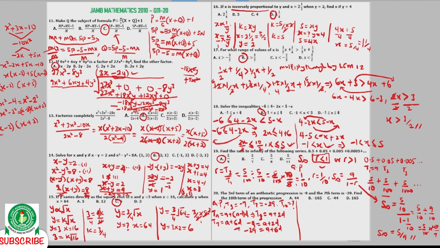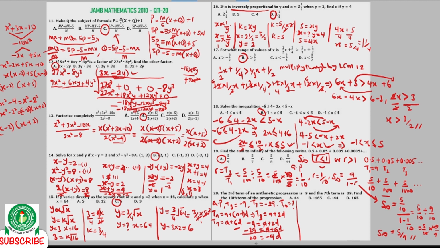Now, I'm using the elimination method, subtracting equation 1 from equation 2. So minus 9 minus 29 will give you minus 20. Minus 9 minus 29 is minus 20. So we have minus 20 equal to, A cancels A, since A minus A is 0, so we have 2D minus 6D, which will give you minus 4D.